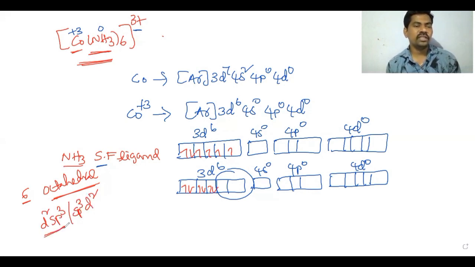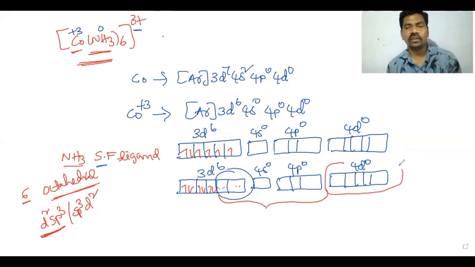Whenever the inner orbitals are involved in hybridization, the hybridization will be d2sp3. Here two 3d orbitals are vacant, so these two d orbitals, one s orbital, and three p orbitals are involved. The others are not involved in hybridization.